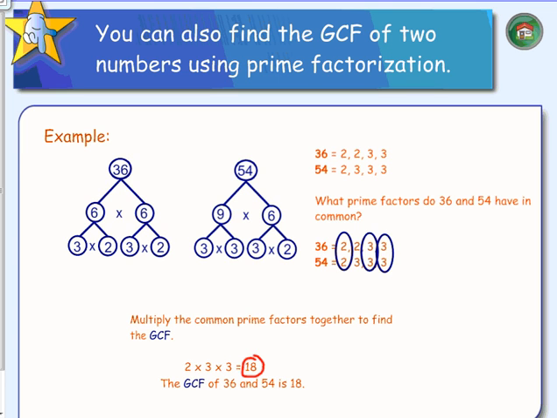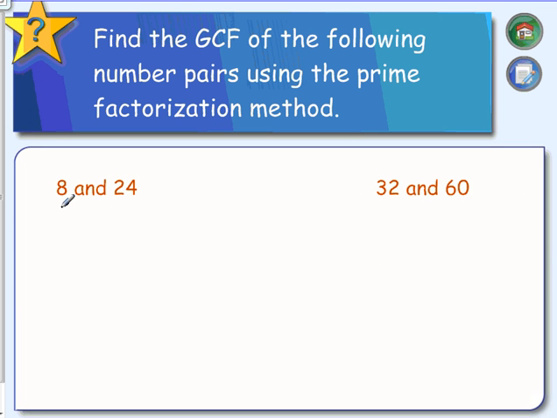All right, so to demonstrate that, we could do 8 can be broken down into 2 and 4. 4 can be broken down to 2 and 2.